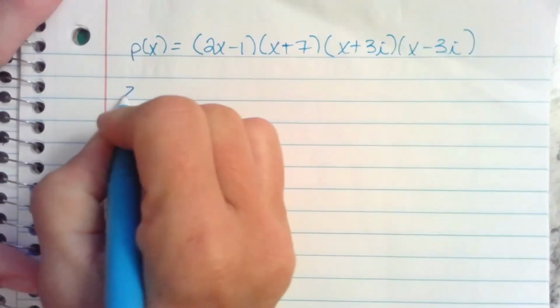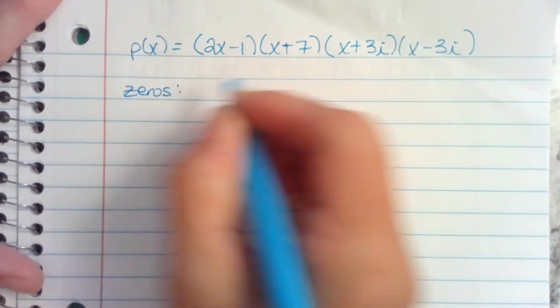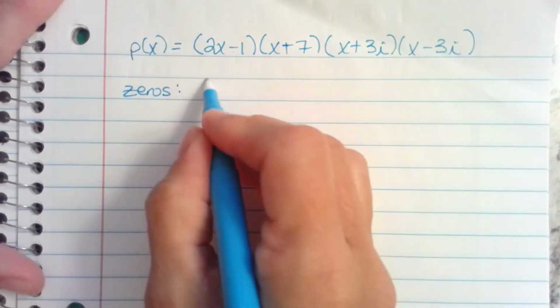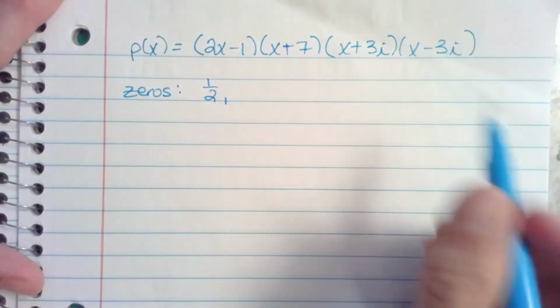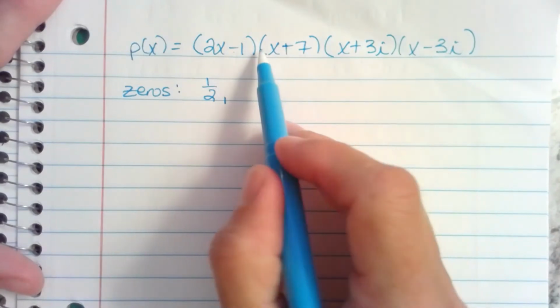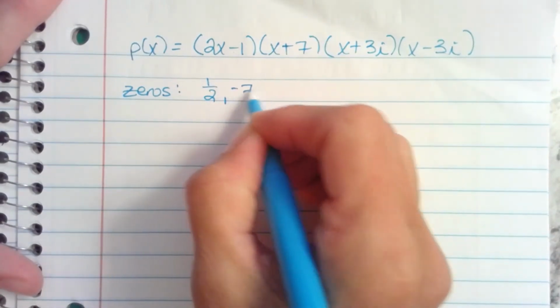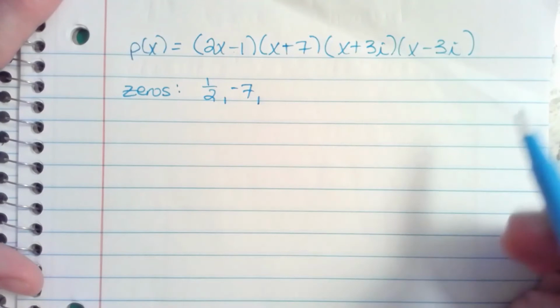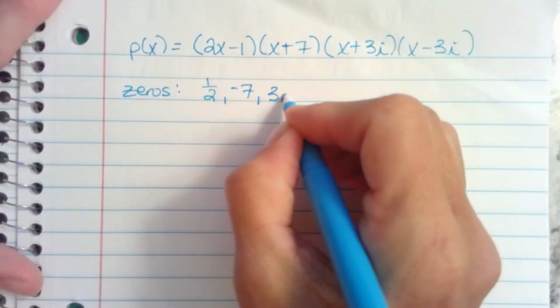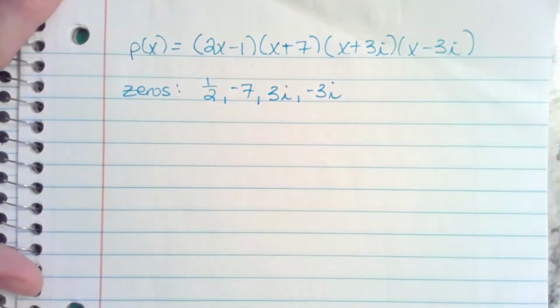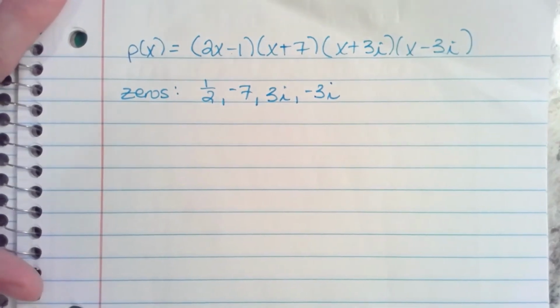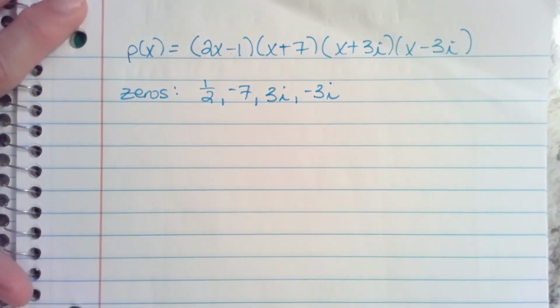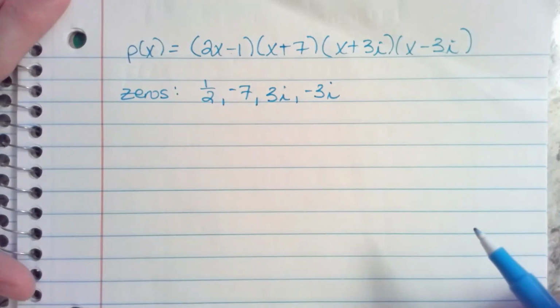So if we're asked to find the zeros, you would have 1/2. We already found that one on the previous page. If you set this one equal to 0, x is equal to -7, and if you set both of those equal to 0, you would have a positive 3i and a negative 3i. So those are the real and imaginary zeros of this polynomial.